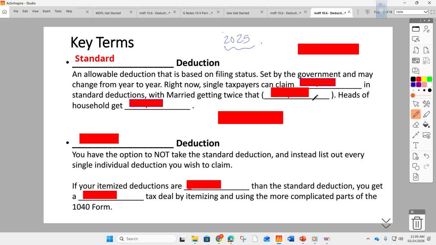So your standard deduction, most of us are going to use the standard deduction. Oh, it's not $14,600. This year, it's $15,750 for single filers. It's $31,500 for married filing jointly, which is exactly twice the single.